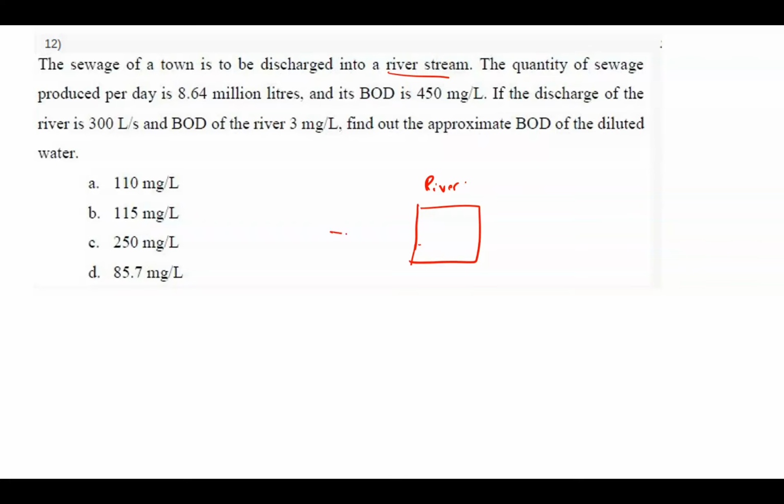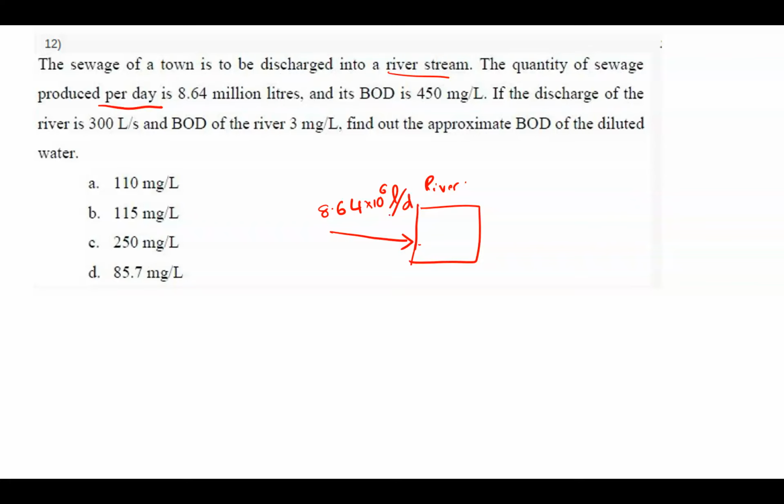Here the sewage is being put into the river. How to convert million liters into liters? Into 10 to the power 6 liters. Also it is given produced per day.